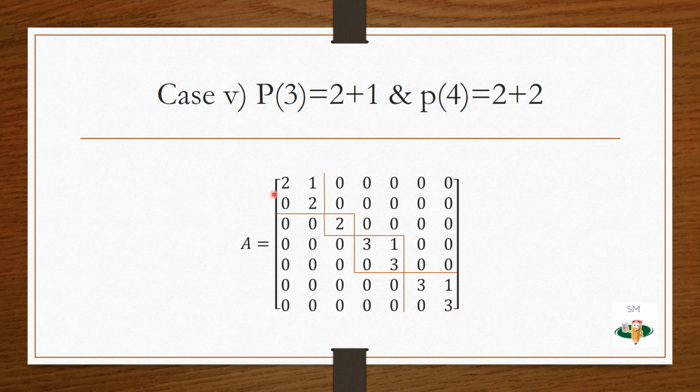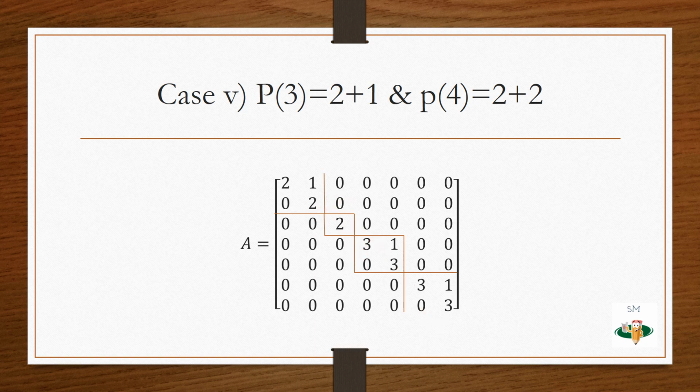The first block is a 2 cross 2 matrix and the second block is a 1 cross 1 matrix, and the third one will be 2 cross 2, the fourth one also 2 cross 2. If they are in the same block, we need to put 1 in the super diagonal; in a different block, we need to put 0 in the super diagonal. Like that we can consider.